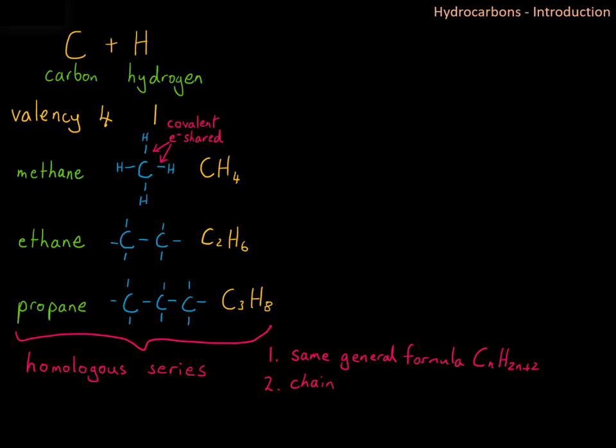The second property of a homologous series is that the chain increases by one carbon atom. The third property of homologous series is that there is a gradual change in properties.